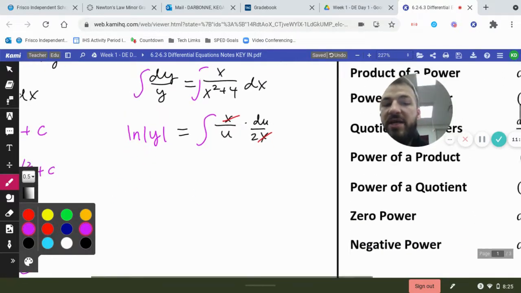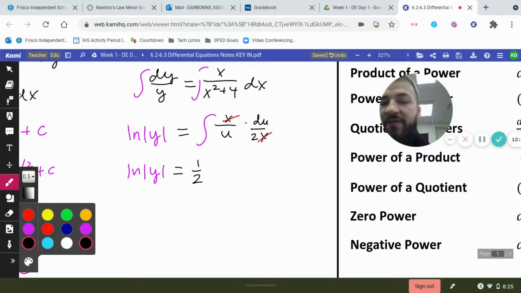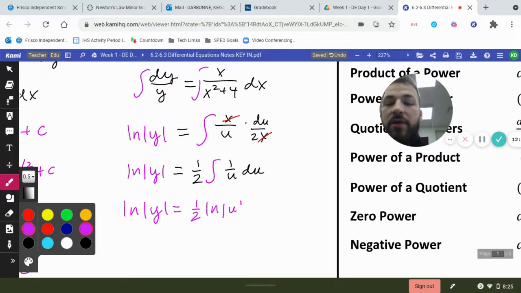So then this becomes the natural log of the absolute value of y is equal to 1/2 times the integral of 1 over u du, which once again becomes the natural log of u. But this time, because it's my right side, I'm going to tack on that plus c.